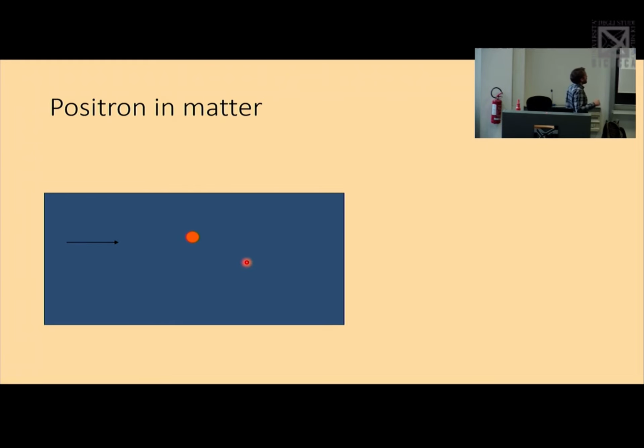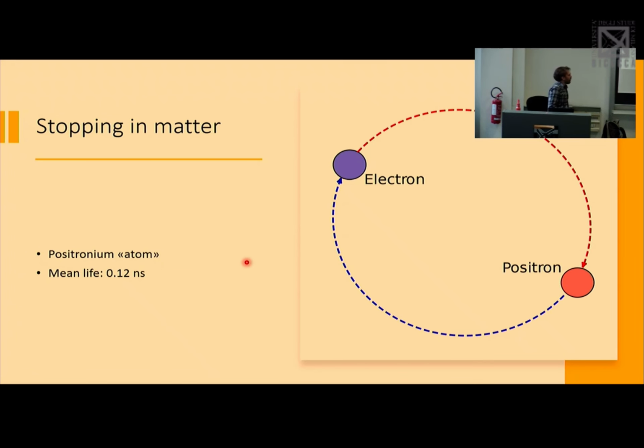So this is a summary. When you have a positron traveling in matter, it will keep on bouncing around with matter until it stops. When it stops, it doesn't disappear immediately; the electron and positron start to revolve one around the other, like an atom, but because the 2 masses are equal, each of the 2 is rotating around the other.